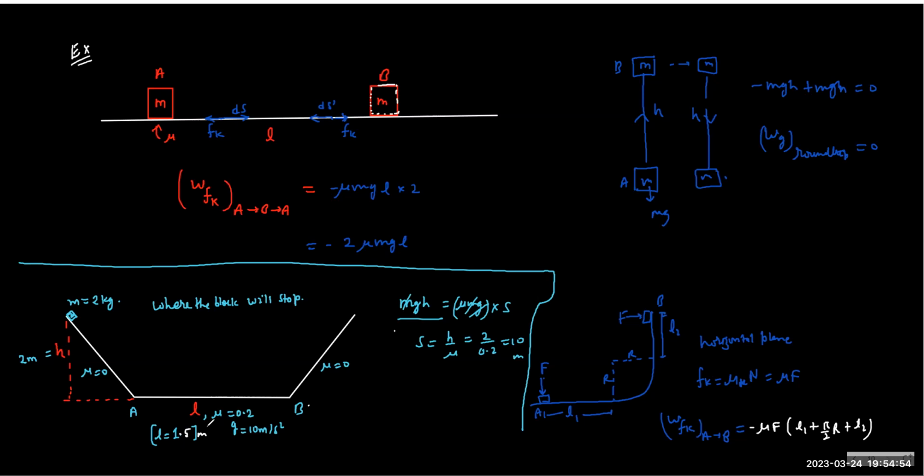So 1.5 into 6 is 9. So 9 meters will end up where? At A, then 1, 2, 3, 4, 5, 6. 9 meters is B, right? If 9 is B, then we have to travel 9 and how much extra? Half.